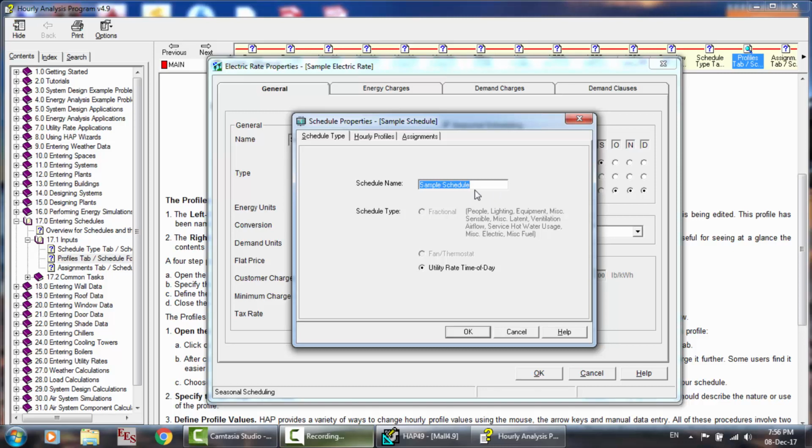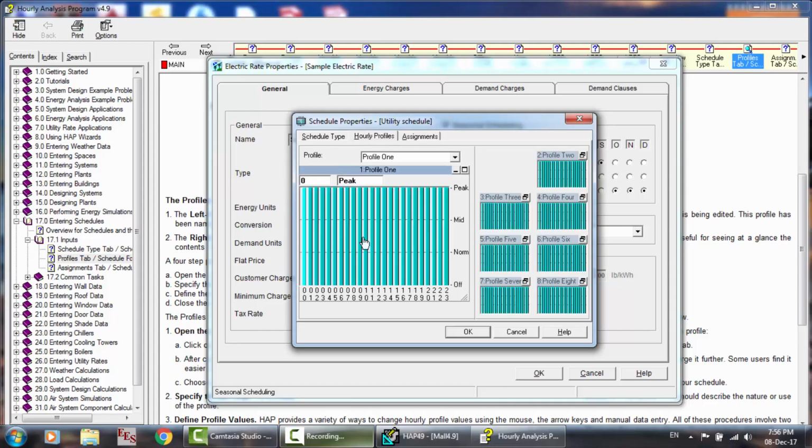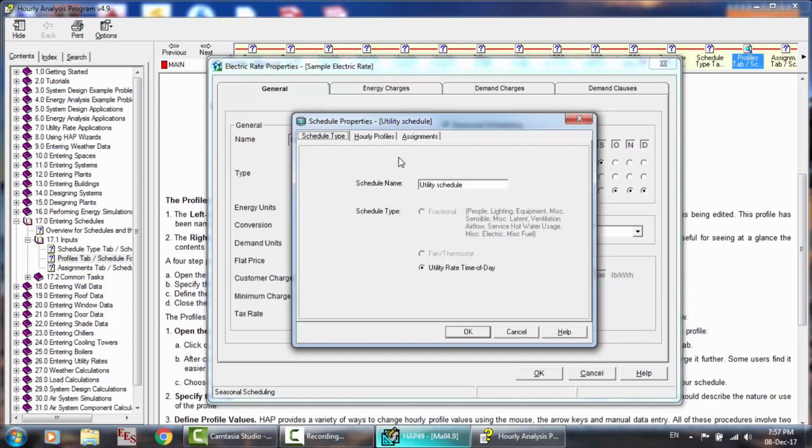Please make it utility schedule. Then set the hourly profiles as you want. And here profile 2, I'm just showing you how to do it, and then you can click OK without any problems.